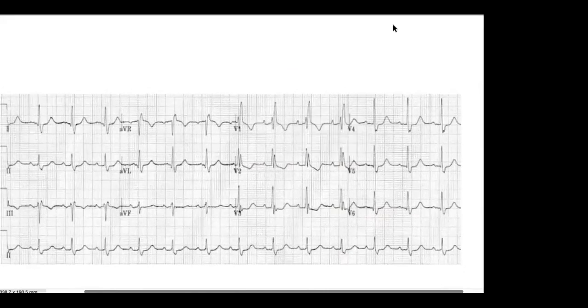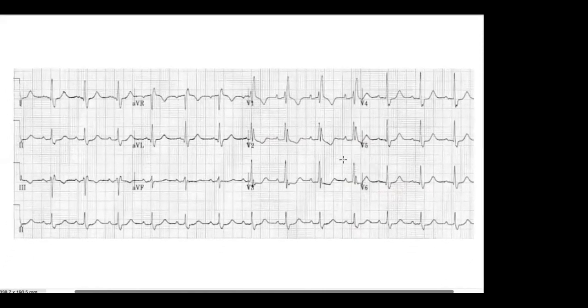Right. Can somebody look at this ECG and tell us what strikes you? Just starting with leads 1, 2, 3, then going to V1 until V6. Does anybody spot anything that is conspicuous?